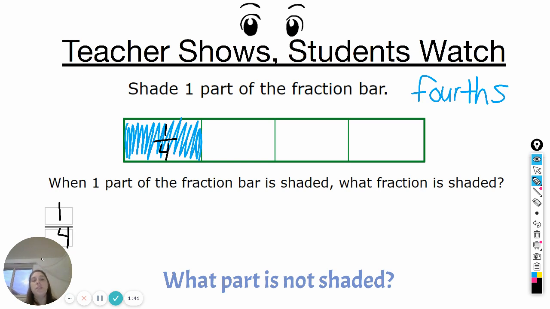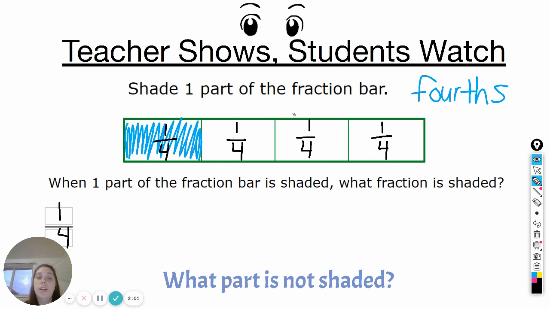But then it asks another question. What part is not shaded? Well, we know from looking at our own fraction strips, if you have them in front of you, that each piece is 1/4, because each piece is 1 out of 4 pieces.